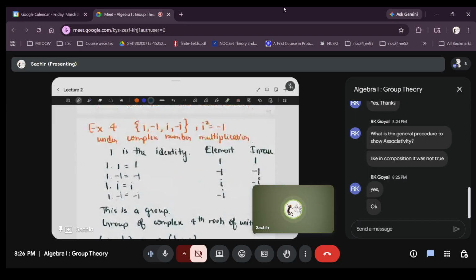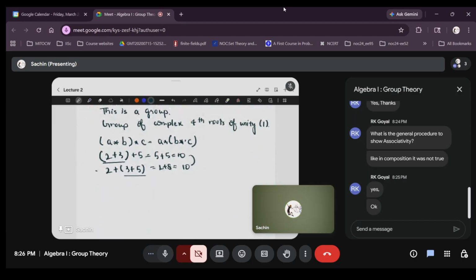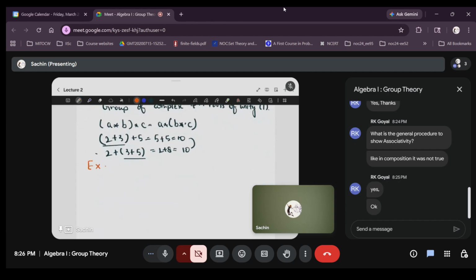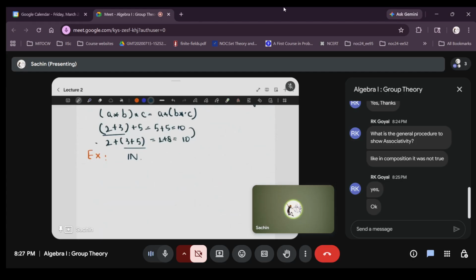For example, let's take the set of natural numbers with star defined to be a star b is a power b.